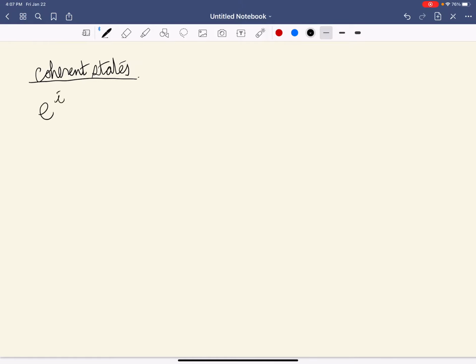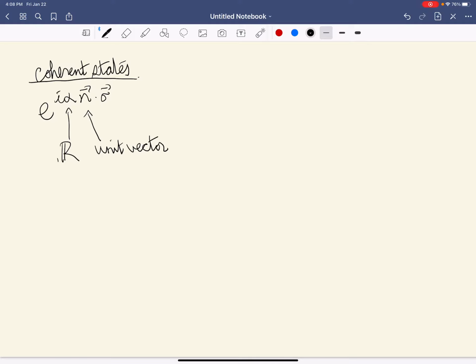The most general kind of exponential of a Pauli matrix is in fact this. Alpha is some real number, and n is a unit vector. It's the same n that we used in defining a two-level Hamiltonian. It's the classical unit vector.